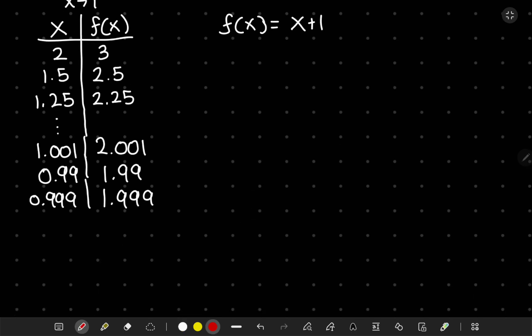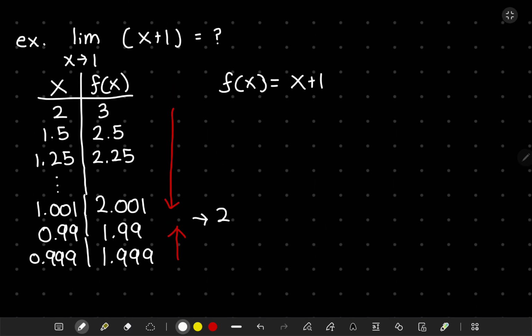So you're noticing, both on the left and the right side, it's clearly approaching this number. It's getting oddly close to one thing, and we can see that that value is going to be 2. And so we can make this claim, even just from the table, that the limit as x approaches 1 of our function x plus 1 gives us 2.